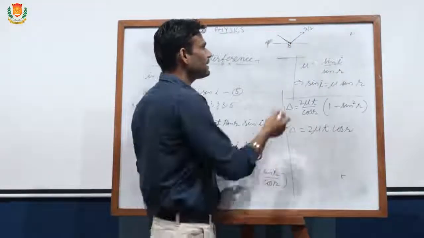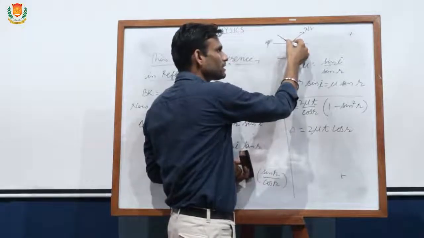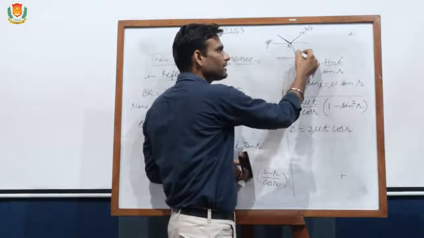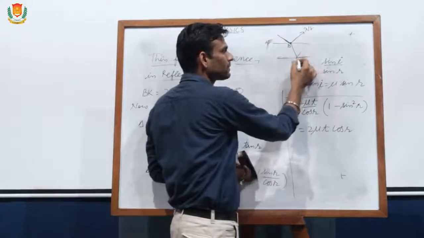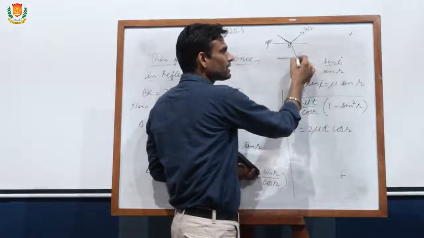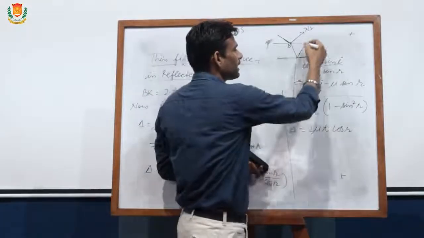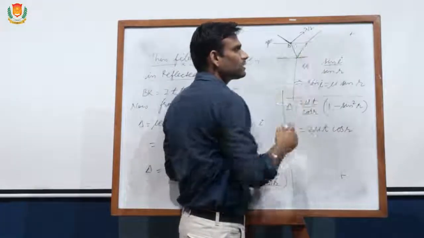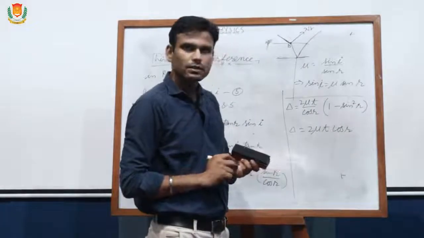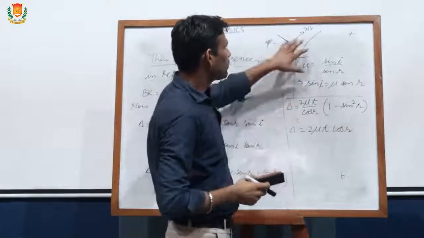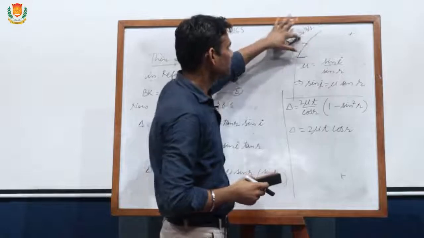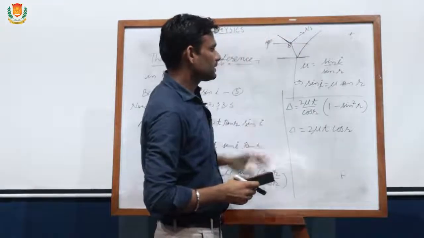However, the second beam is first transmitted, then reflected, and since this is the rarer medium, it is reflecting from the rarer medium, so no additional path difference will be here. And at this point it is transmitting, so no additional path difference will appear here. So only the additional path difference will appear in the path of the first reflected beam.